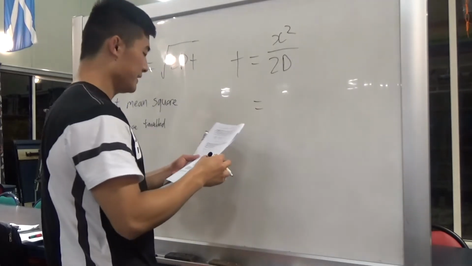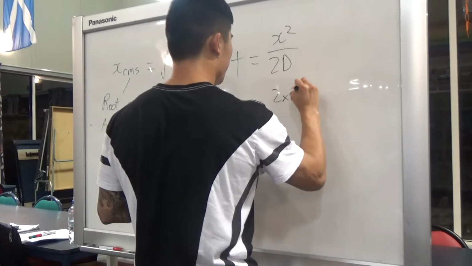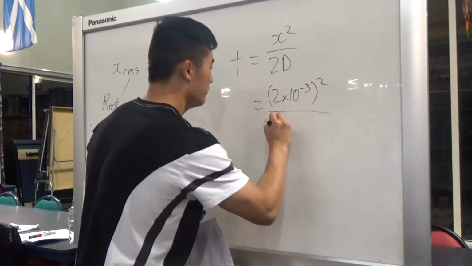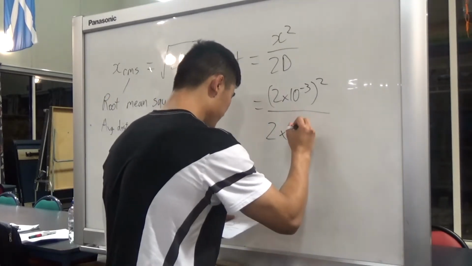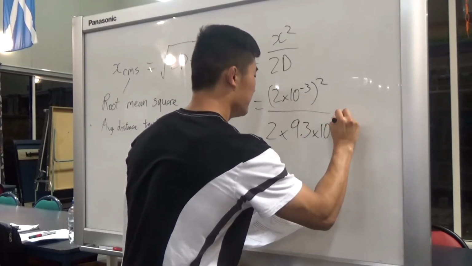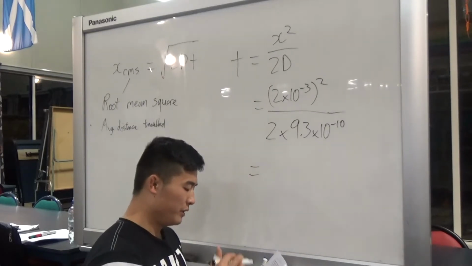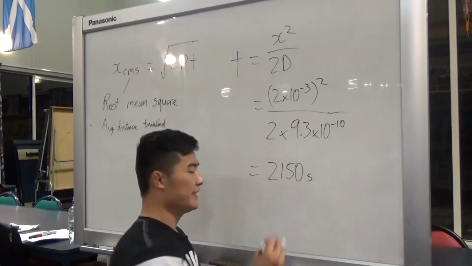And so x is 2 millimeters, which is 2 times 10 to the negative 3, squared, over 2 times our diffusion constant, which is 9.3 times 10 to the negative 10. That will give you 2150 seconds.